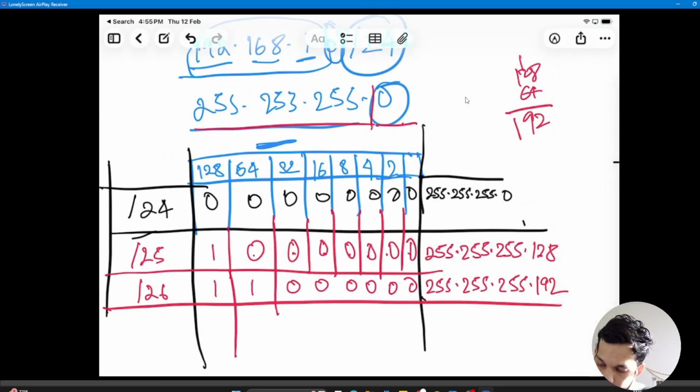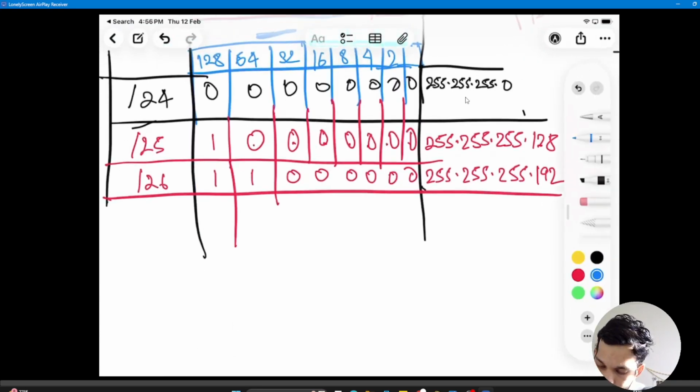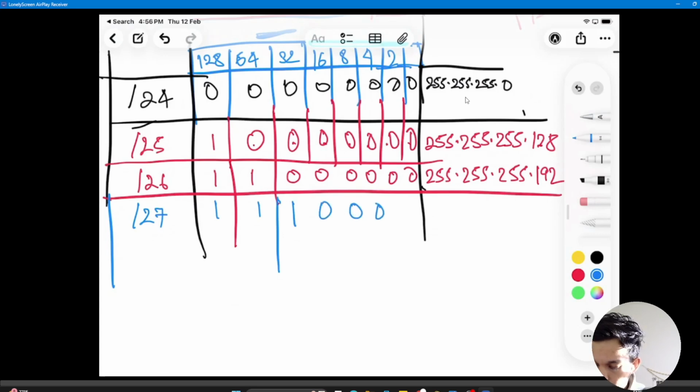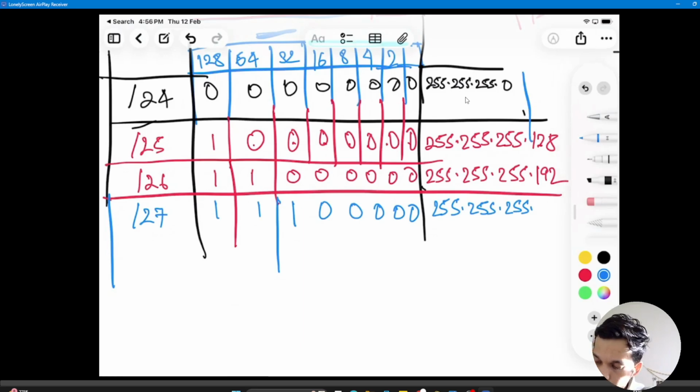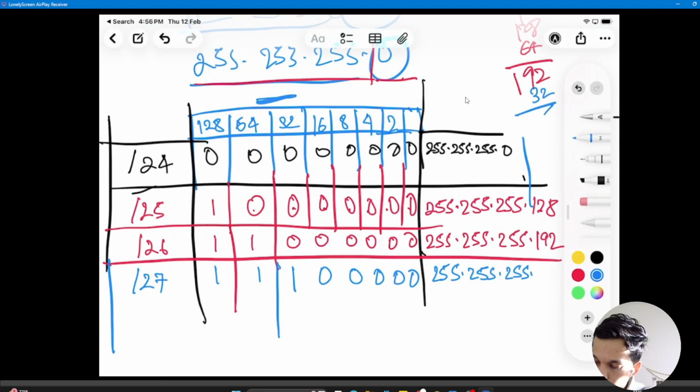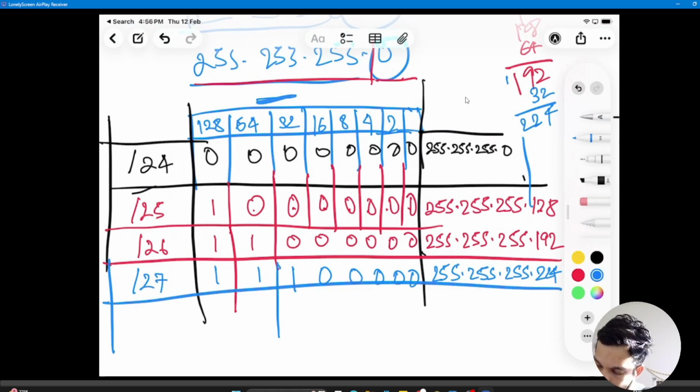Similarly, /27 has three ones and the rest zeros, so 128 plus 64 plus 32 is 224. Going down, /28 is 1 1 1 1 0 0 0 0, so 255.255.255 dot 128 plus 64 plus 32 plus 16, that is 240.